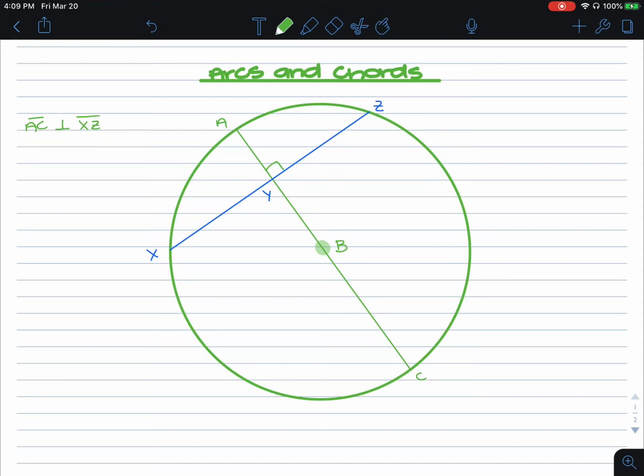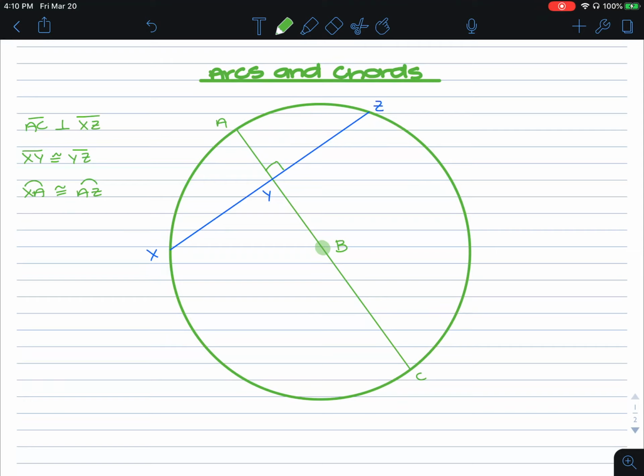Well, then that means that my chord is bisected, so XY is congruent to YZ. This also means that my arcs are congruent, so arc XA is congruent to arc AZ.